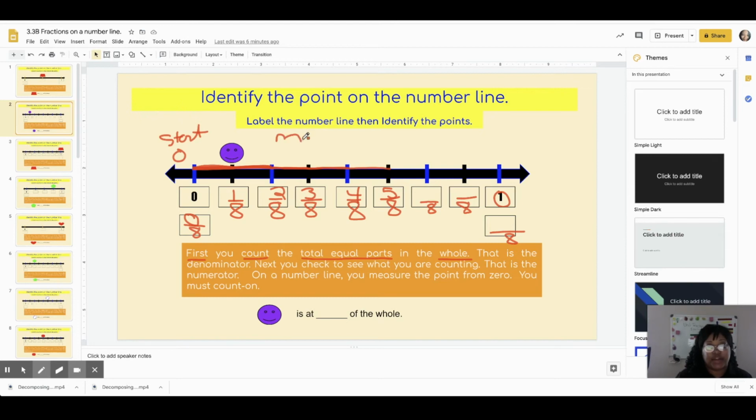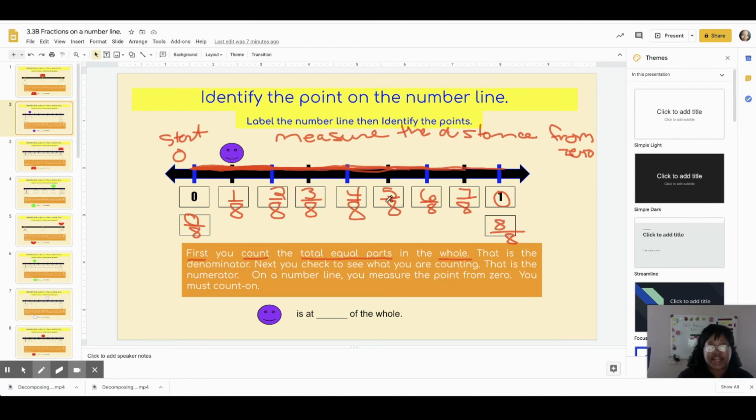And you measure the distance from 0. 1 equal part, 2, 3, 4, 5, 6 equal parts. 1 equal part through 7 equal parts. 1 equal part through 8 equal parts.